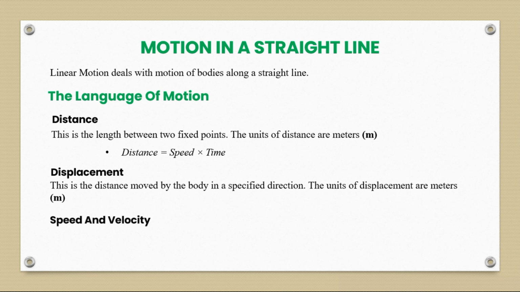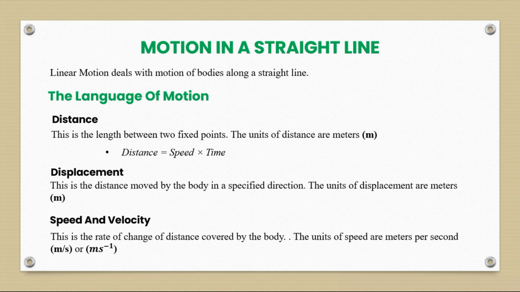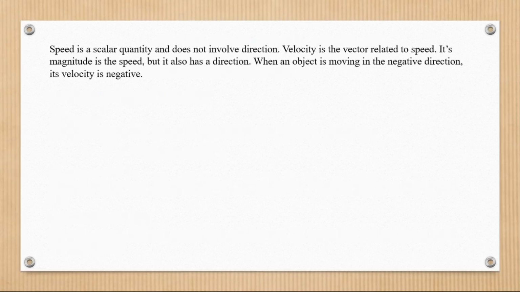Alright, how about speed and velocity? These are terms that are almost interchanged every time, so they basically have the same definition. It's the rate of change of distance covered by the body. And we know the units of speed are meters per second. You can write that as m/s, or ms^-1. Now, speed is a scalar quantity and does not involve direction, whereas velocity is a vector related to speed.